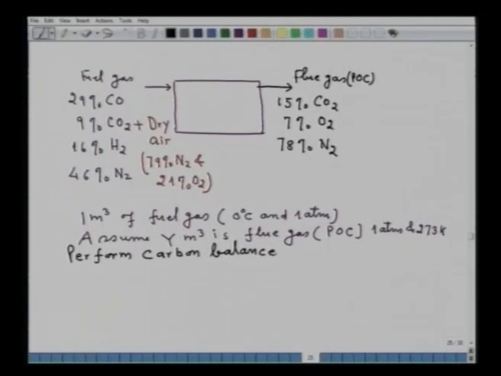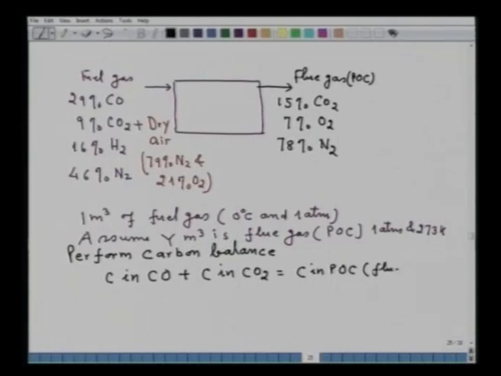To perform carbon balance, we can write down in words: carbon in CO plus carbon in CO2, that is what is present in the fuel gas, and that should be equal to carbon in POC or flue gas.